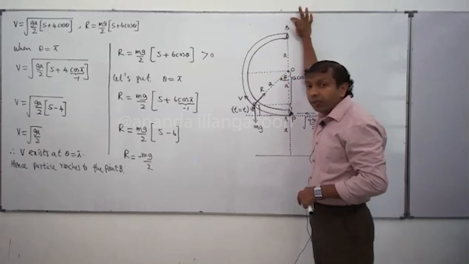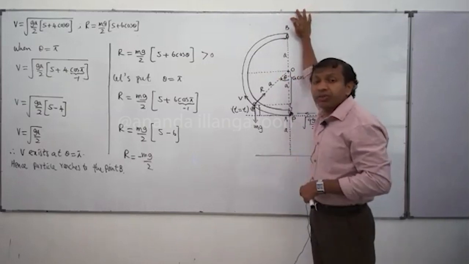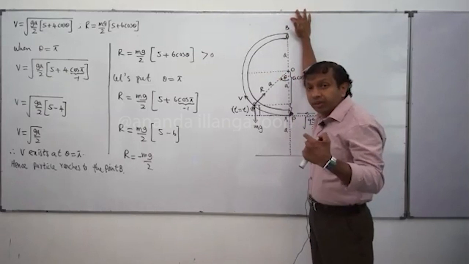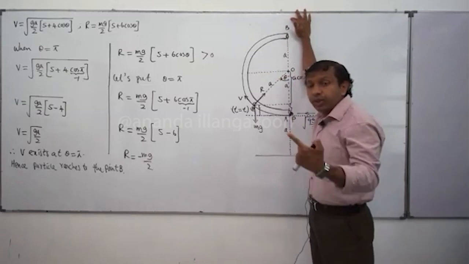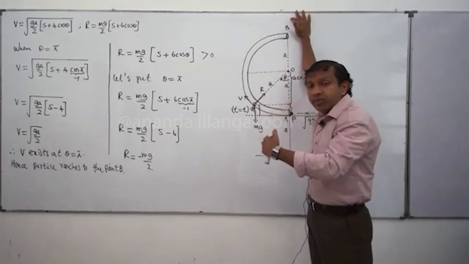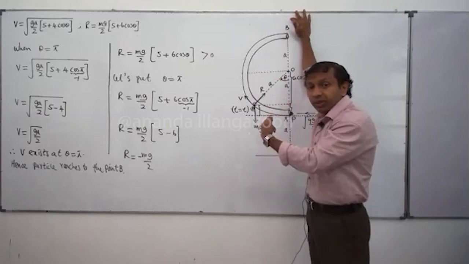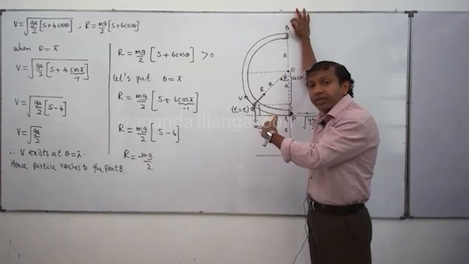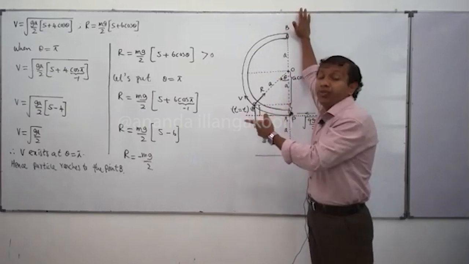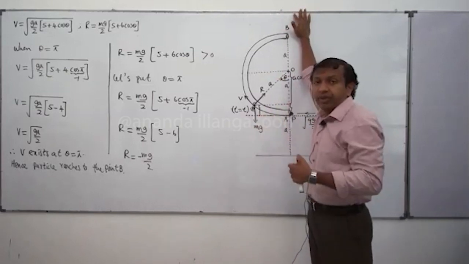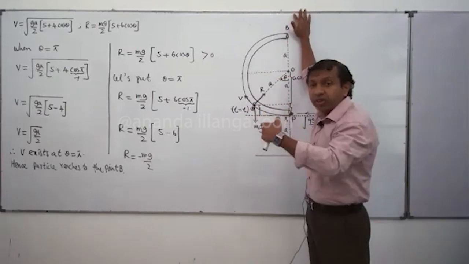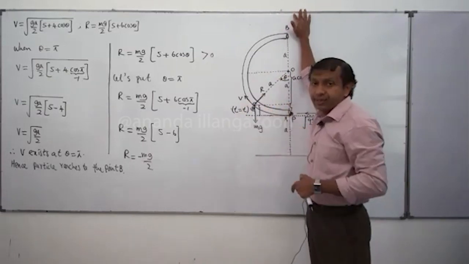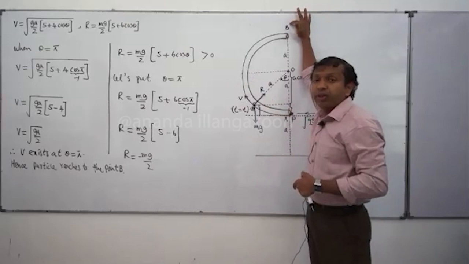So now the direction has changed. The reaction initially, in the early stage of the motion, acts towards the center. Once the particle has reached the point B, the reaction acts outward from the center. The direction has changed from inward to outward.